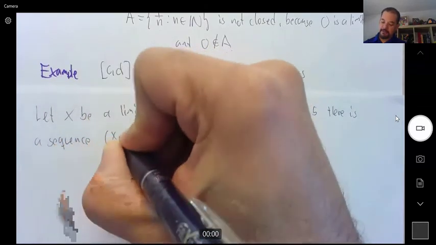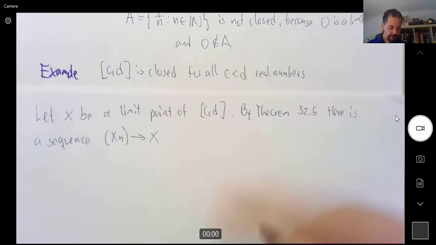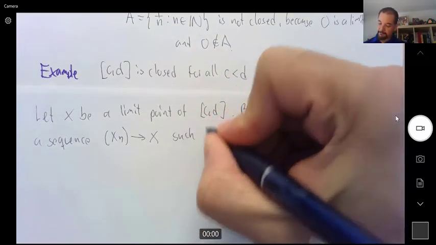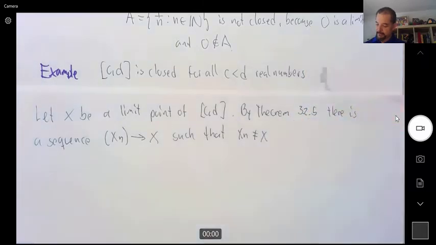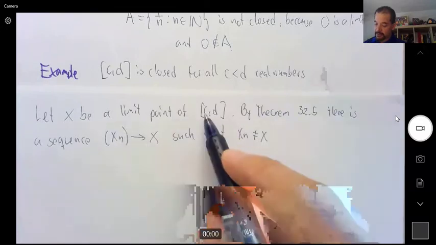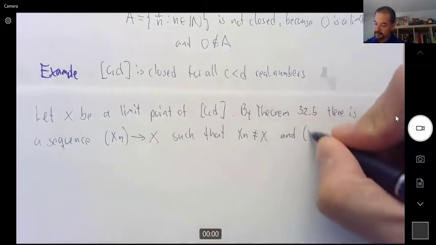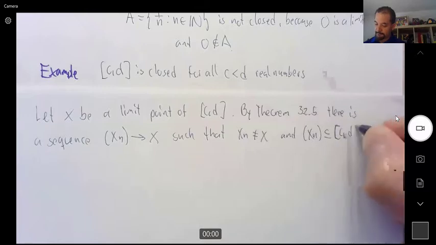There is some sequence xn that converges to x, such that none of these elements are equal to x. There is a sequence where this happens, and these elements are in CD. And xn is a subset of CD.